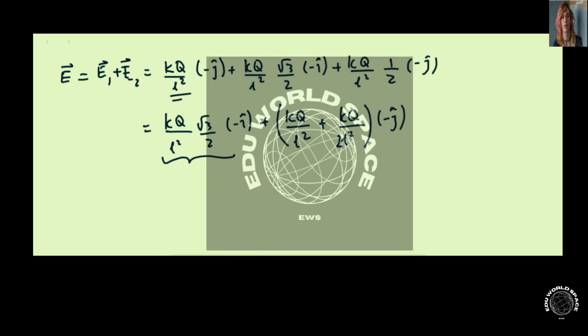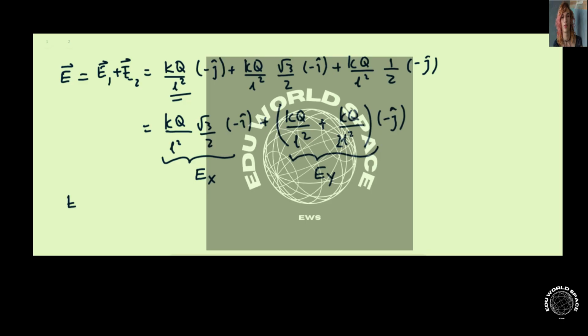So this first term with the negative sign is then Ex, the x component of the net field. The second term, including the negative, is the y component of the net field at the origin.